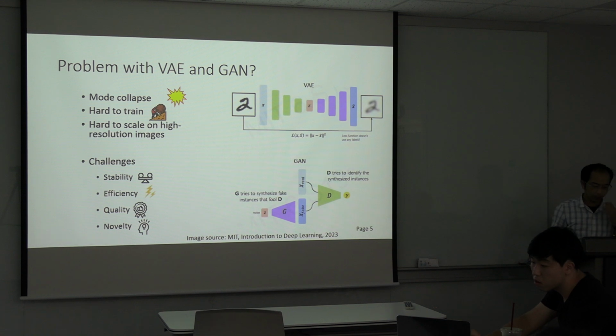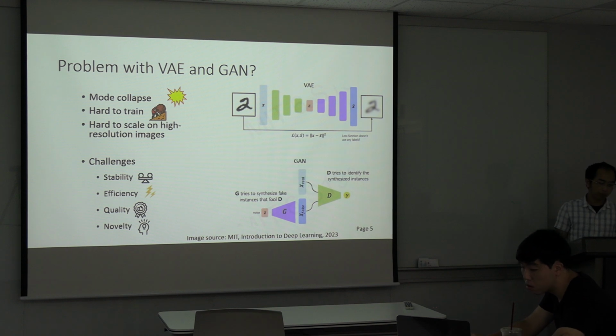VAEs and GANs were developed a long time ago, but they suffer from crucial issues like mode collapse, and they are very hard to train. During training, these models are very unstable.